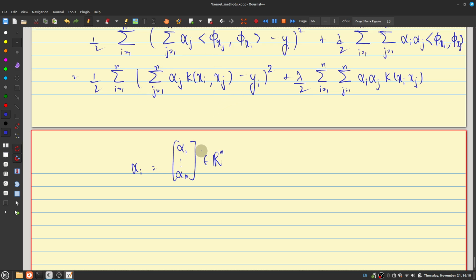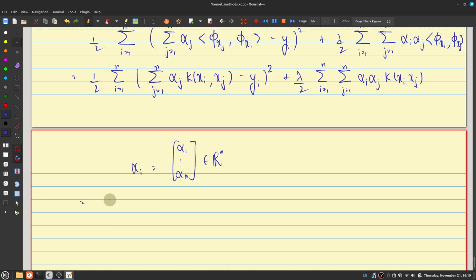Yep, it's the dot product between what? Correct. But can you write it in the form of matrix vector multiplication? Correct. So in other words, it's going to be the product of the ith row of the matrix K along with the vector alpha, right?